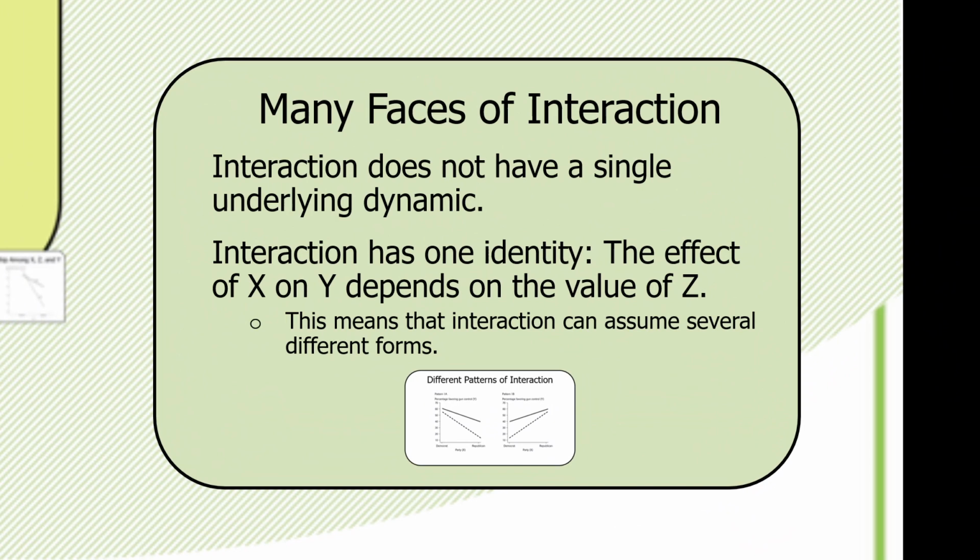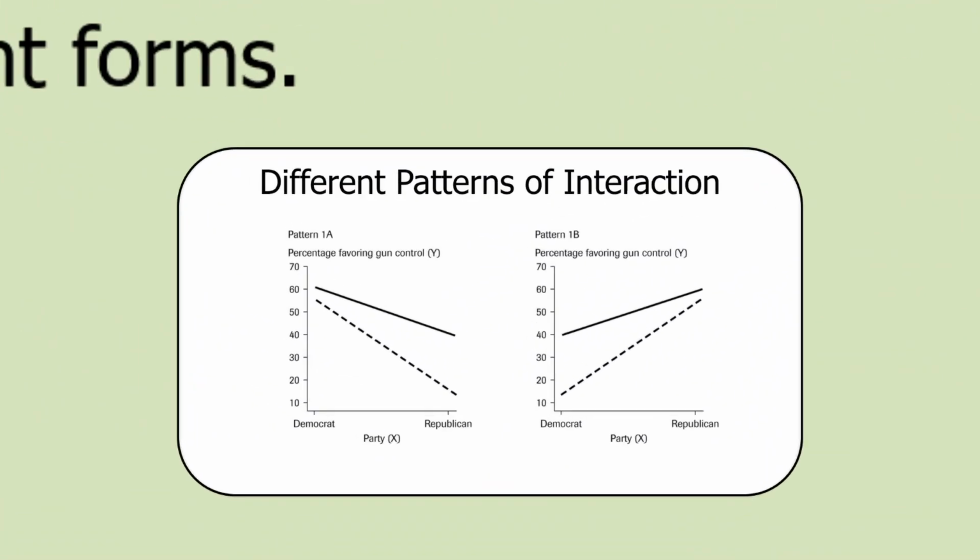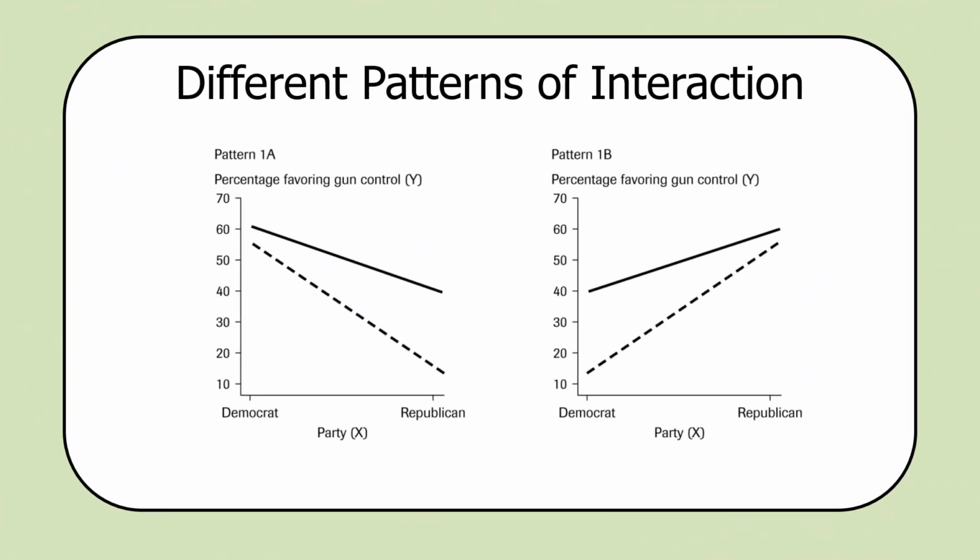This means that interaction can assume several different forms, and it can assume many, but I'm going to show you just some of the basic ones that we often encounter in political research. This is a very common pattern, and it's not unlike the one we just looked at.